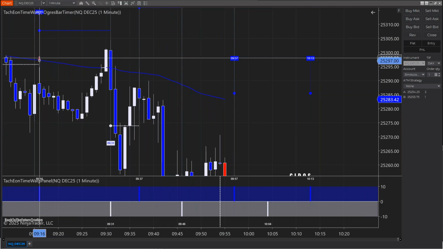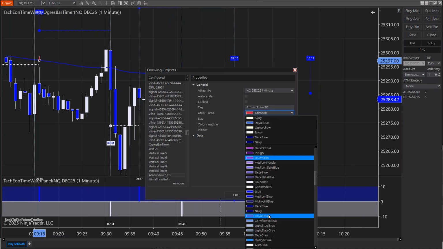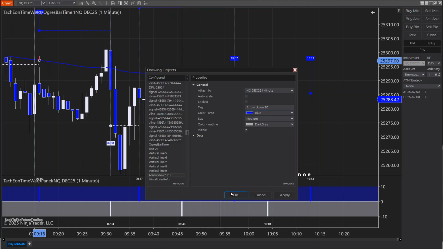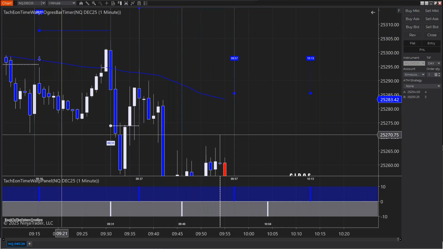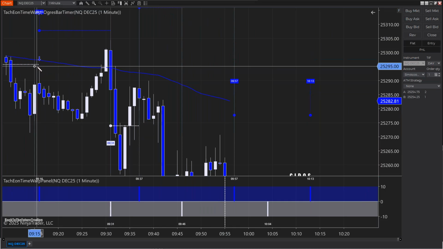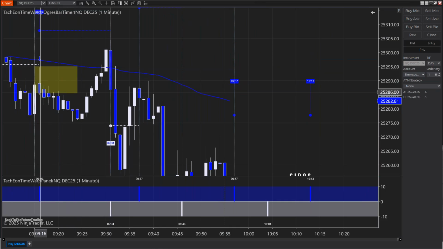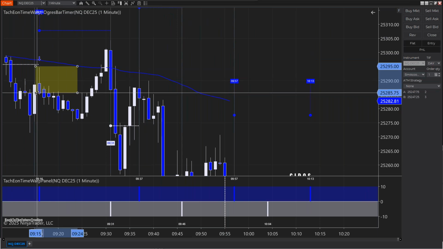I will turn my red arrow into a blue arrow to help us remember that was a CDOS. So per what we discussed earlier, I can put my stop right above that candle. And now my entry is the close of that candle.